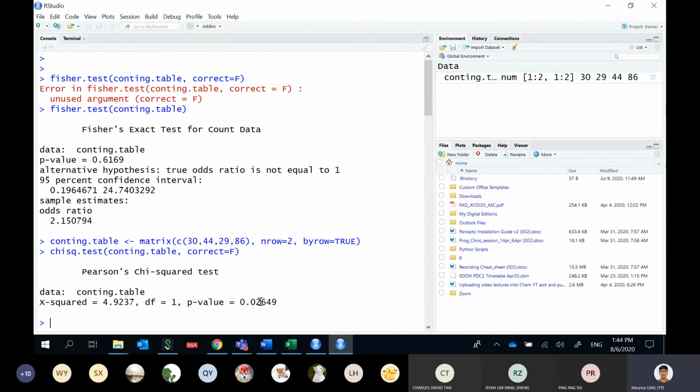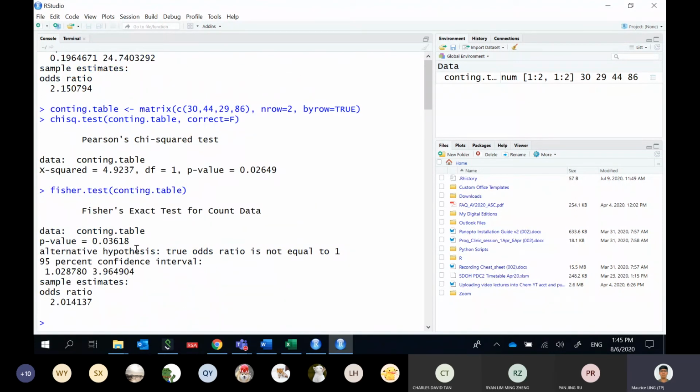I do the chi-square test, correct, no problem with that. But I also can do a Fisher exact test, no problem with that as well. So Fisher exact test can be used in place of chi-square test for independence, just that it's more precise. So these two tests are somewhat equivalent. The p-value will be slightly different now.